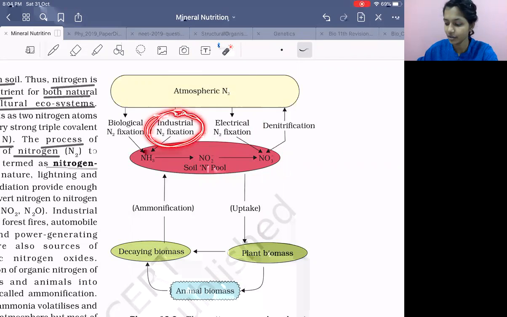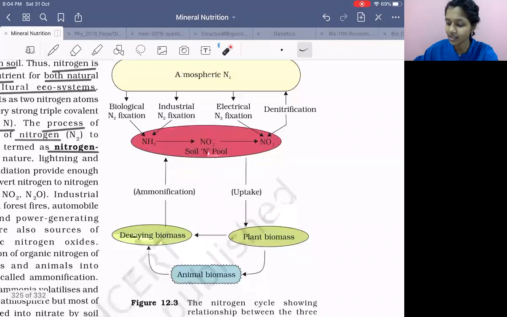They can also convert nitrogen to ammonia, nitrite, and oxides, nitrates. Then the next thing is biological, where you are using living organisms to convert nitrogen into ammonia.